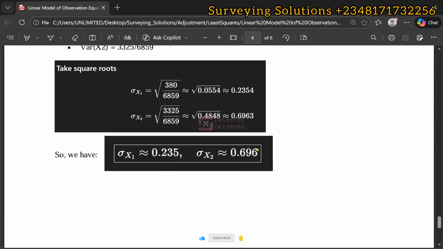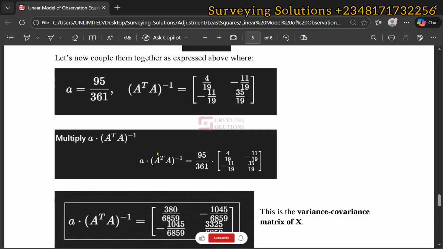So what this simply means is that m, which is our estimated parameter 1, and c, which is our estimated parameter 2, do not have equal reliability, right? Good. So m is having a higher reliability compared to what? To c, which is having a lower reliability. So generally we have used the linear model of the observation equation method of least square adjustment, right? Good.